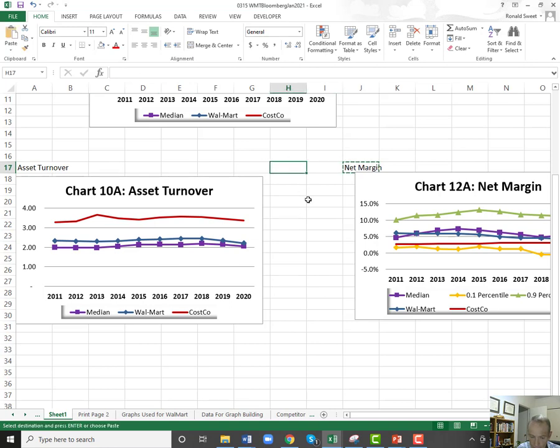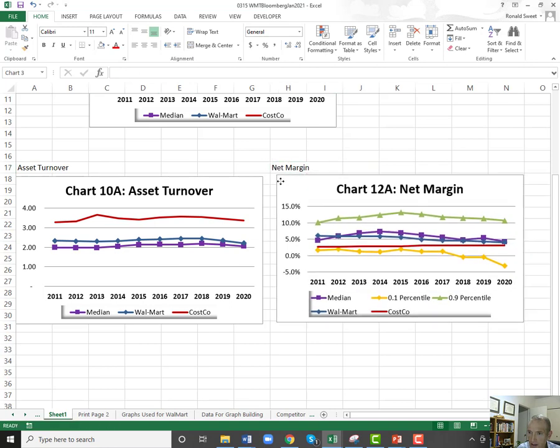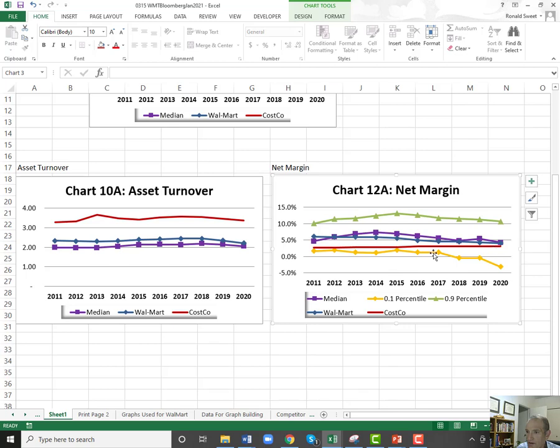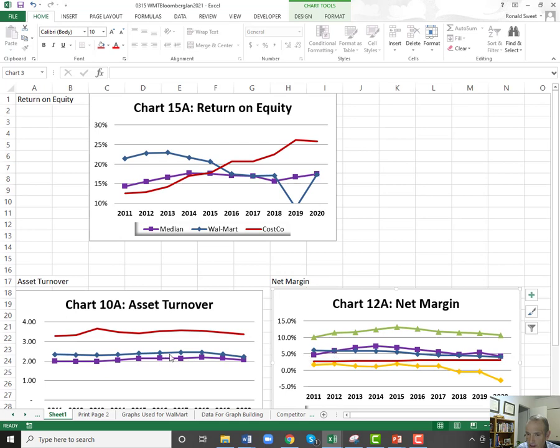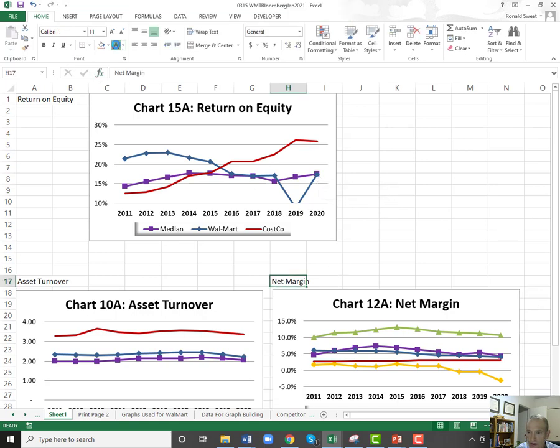We know in net margin that Walmart does better than Costco. Costco is very, very flat. Walmart's doing better, but it's getting weaker. So one thing we can definitely see is asset turnover has been flat, has recently come down. Margin's been coming down. So one of the reasons this is coming down is the net margin. So that's one of the most important reasons for Walmart. We still don't have an explanation of why Costco is going up so much.